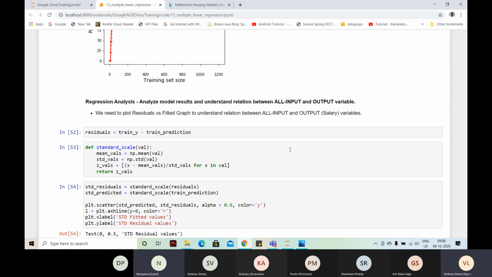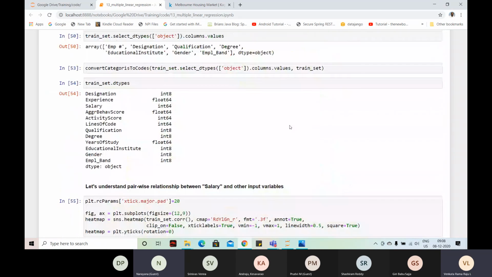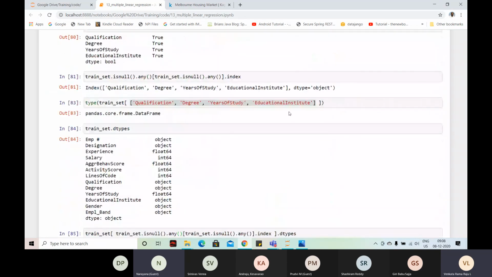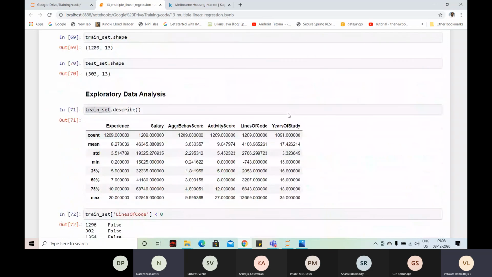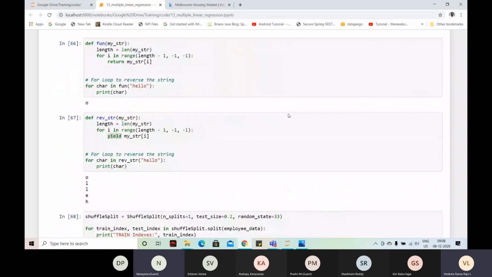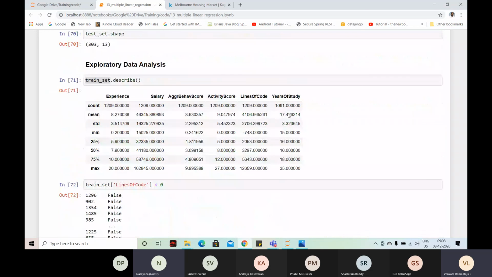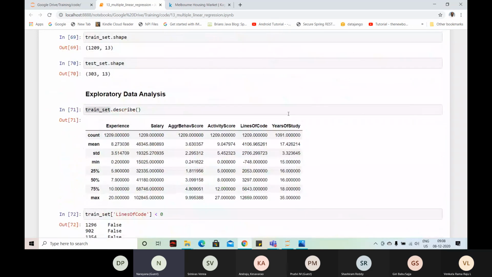Sure, sir. Rama, can you go once to the describe method? Here, years of study is 1091, but the total count is 1209, right?